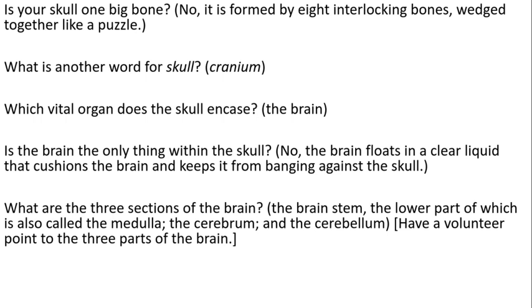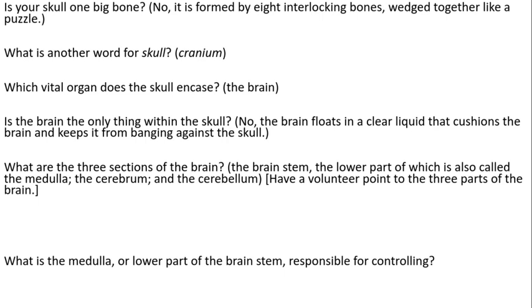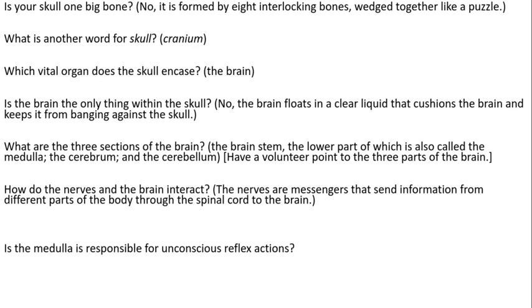What are the 3 sections of the brain? The brainstem, the lower part, which is also called the medulla, the cerebrum, and the cerebellum. What is the medulla or lower part of the brainstem responsible for controlling?